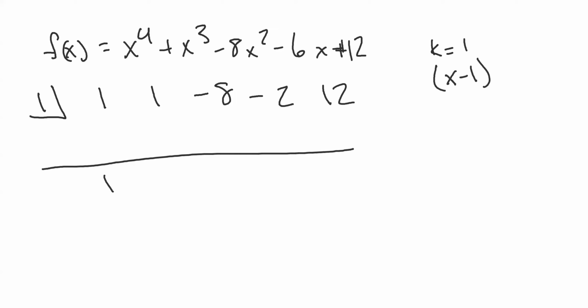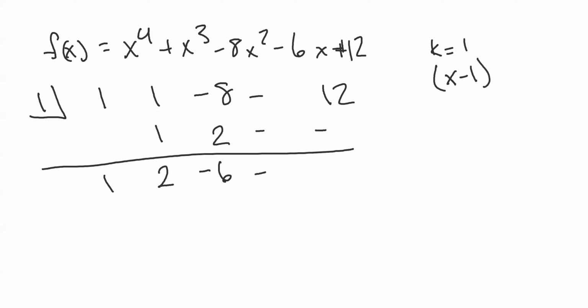So 1 times 1 is 1. We're going to add those together. 1 times negative 8 is negative 8, and we get a 4. Oops, that is supposed to be a 6 right here.